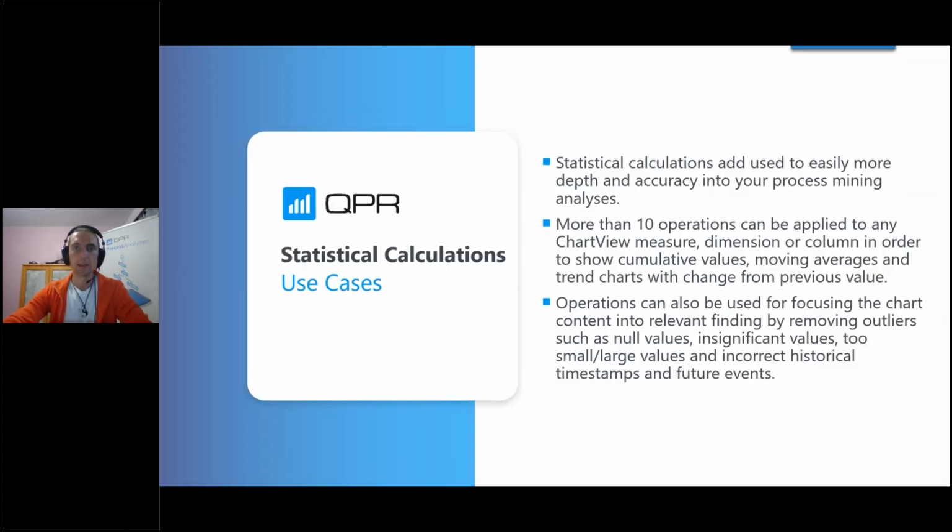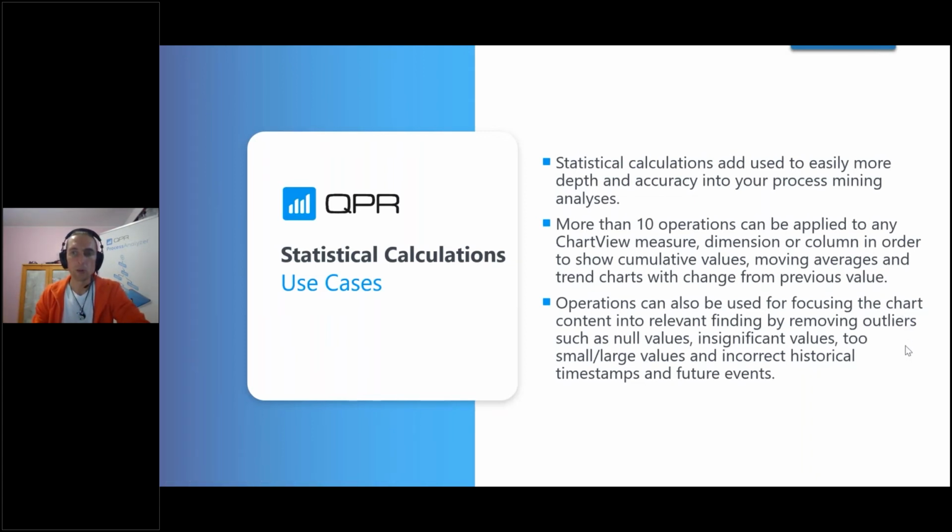Alrighty, this is an area where you can add more depth and accuracy into your process mining analysis. So you can add operations such as calculating the cumulative values, moving averages, trend charts, change from the previous value, and so on.